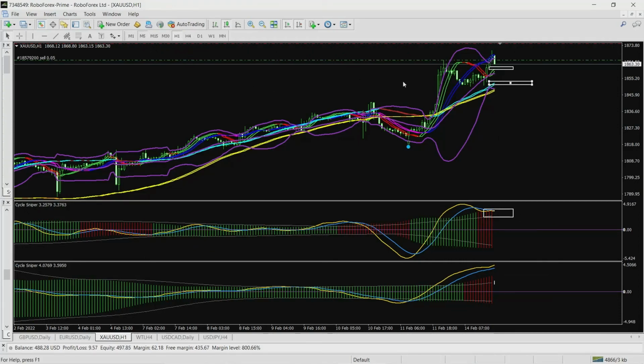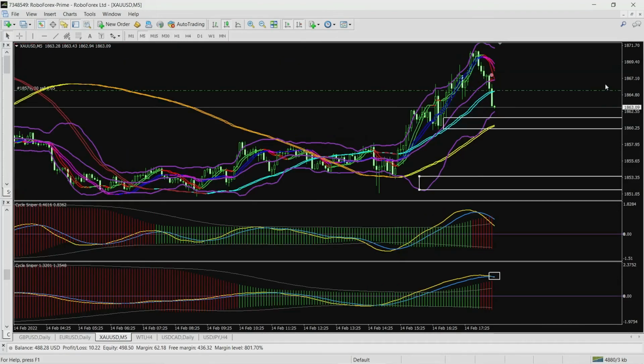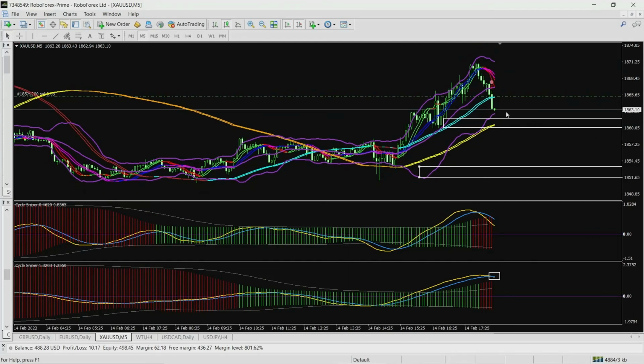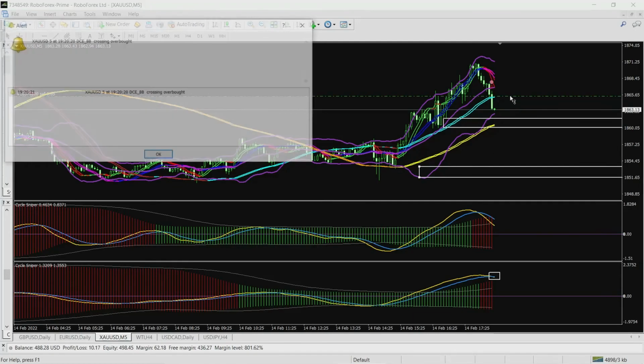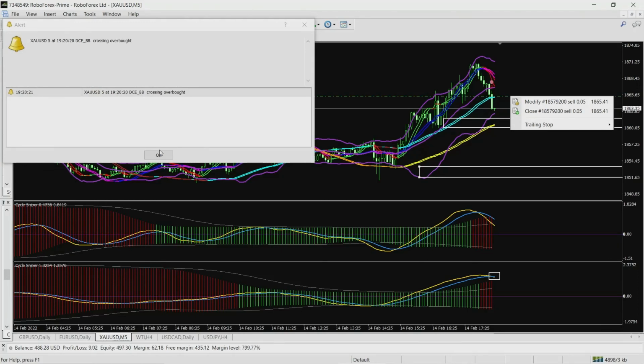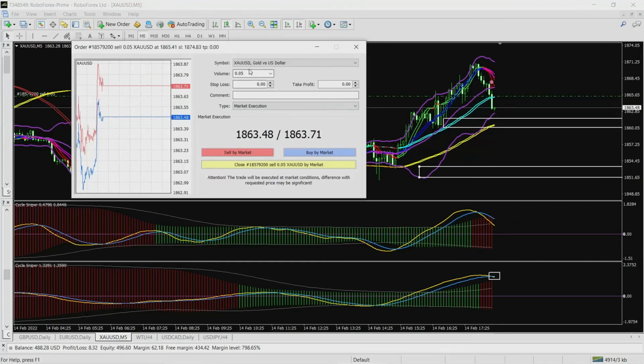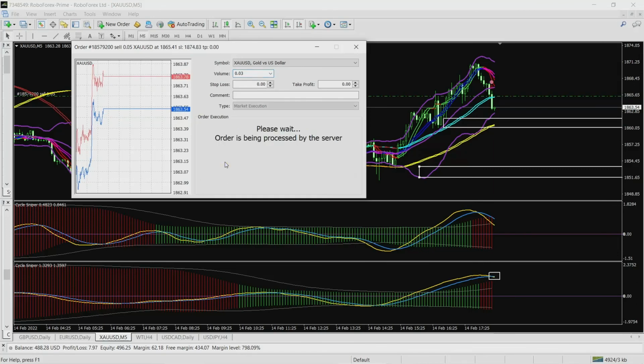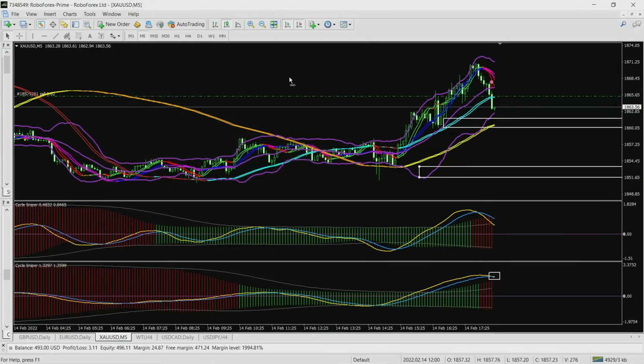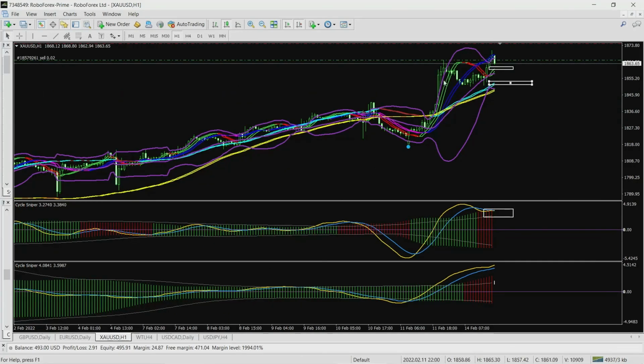Let's go to 5 minute chart. If we are talking about scalping, we are almost here. Our target. Let's take some profit again. And wait for the breakout.